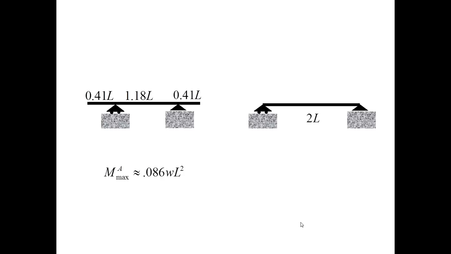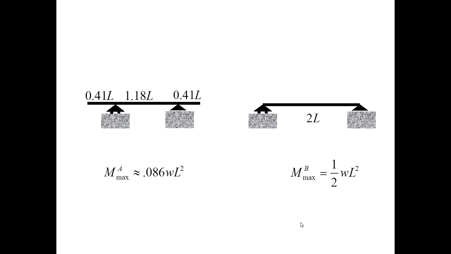The second problem can be analyzed if we go back and evaluate M max at A equal to 0. And this will correspond to the value of half WL squared. Alternatively, it's easy to solve this problem from scratch.